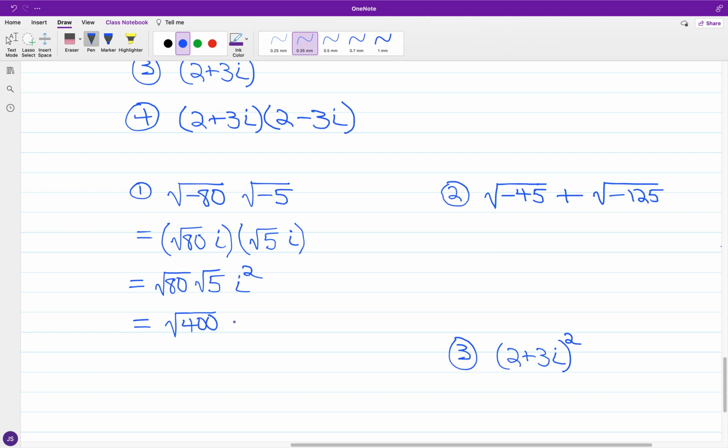You have i squared, and again I can write that as negative 1. Now the square root of 400, 400 is a perfect square number. This lowers to 20. And i squared is going to be negative 1. And 20 times negative 1, so we're going to have a negative 20.